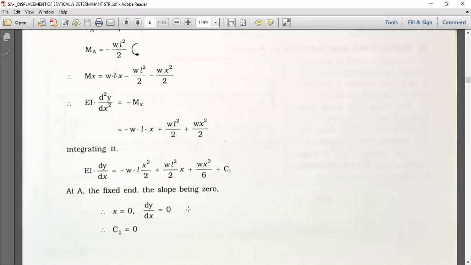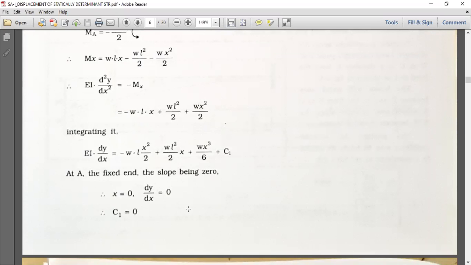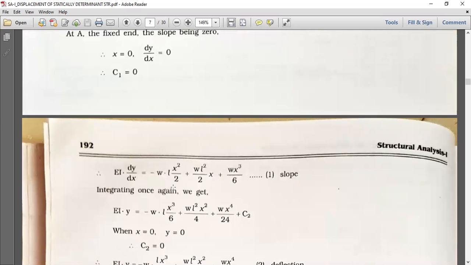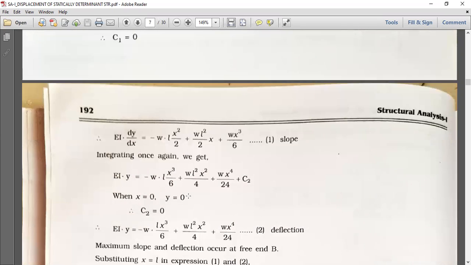At A, the fixed end, the slope being 0, at x is equal to 0, dy by dx is equal to 0, so C1 is equal to 0. Now again integrate it. EI into y is equal to minus W into L x cube by 6 plus WL square x square by 4 plus W x raised to 4 divided by 24 plus C2.